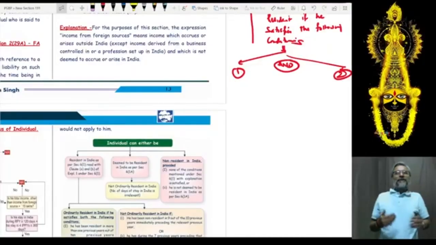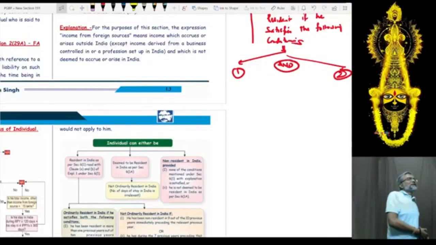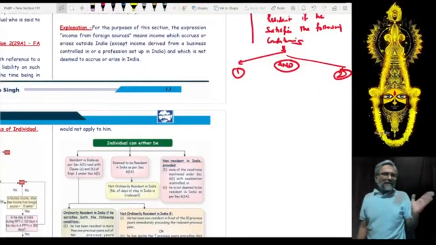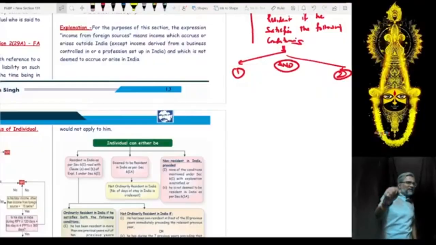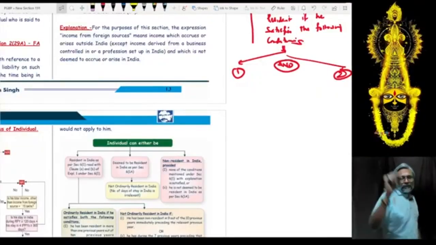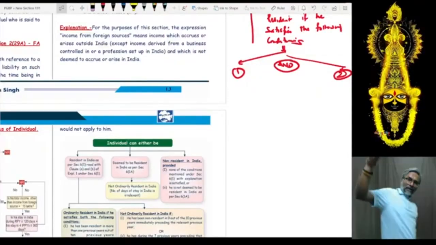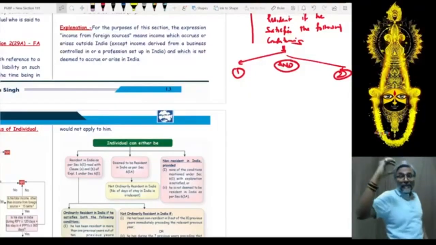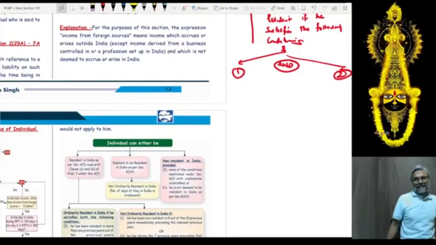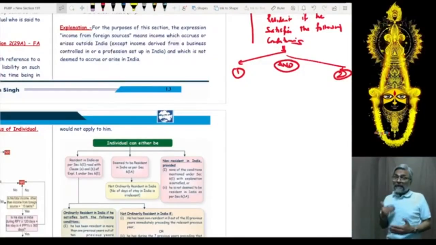Because students generally jump into section number 9, income which is deemed to accrue in India, and they move to the further advanced provisions, and that's the reason why these sections remain neglected. But this could be a dangerous neglect on your part, because if your DTAA question or the chapter 12 NRI question requires you to test the residential status in the first paragraph, you would be in a big dilemma.